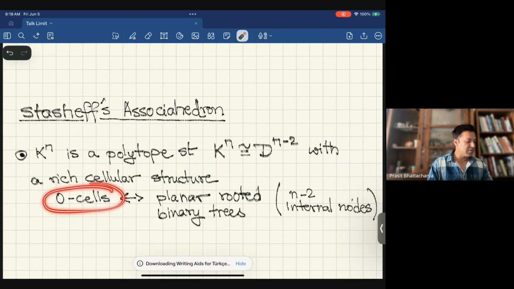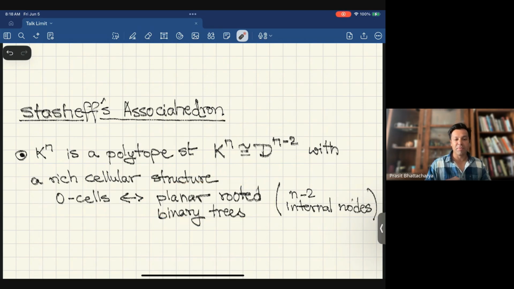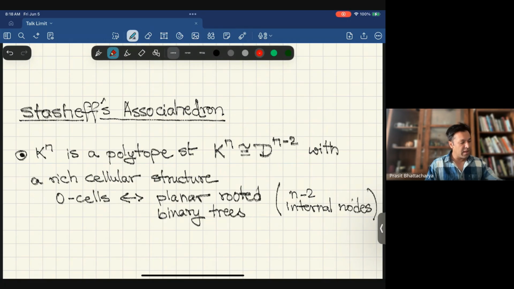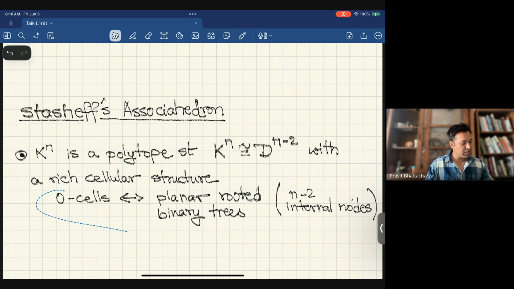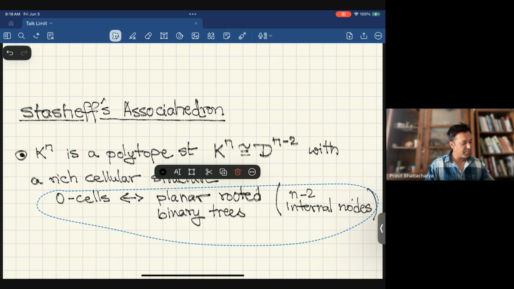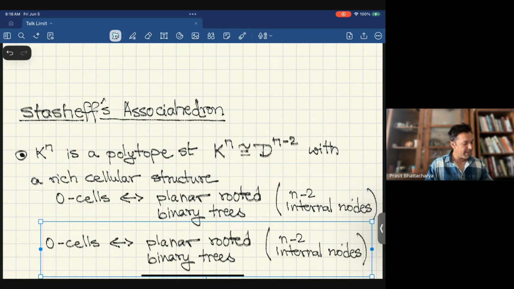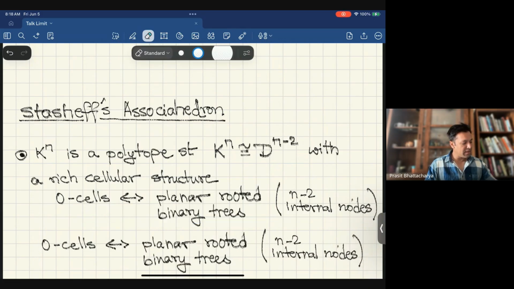The zero cells or the vertices are given by planar rooted binary trees where every internal node has 2 leaves. So overall, you are forced to have n-2 internal nodes. And in general, if I look at the k cells of this, then you have n-2 minus k.